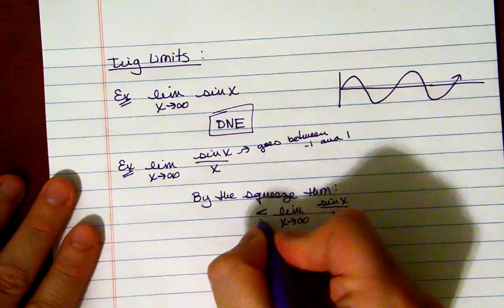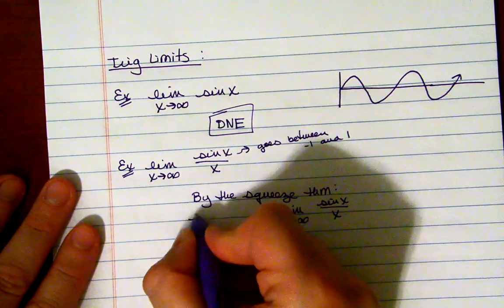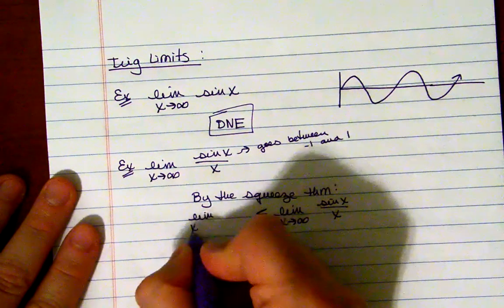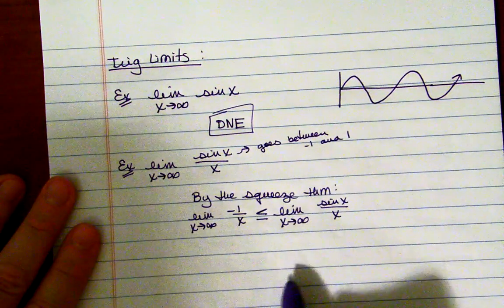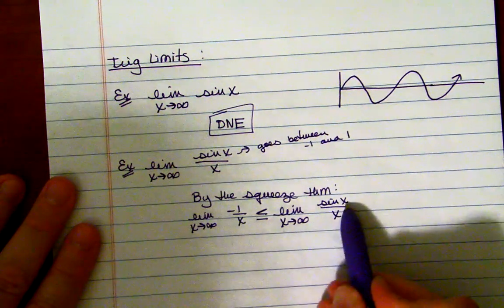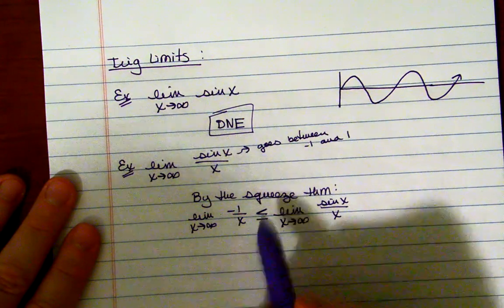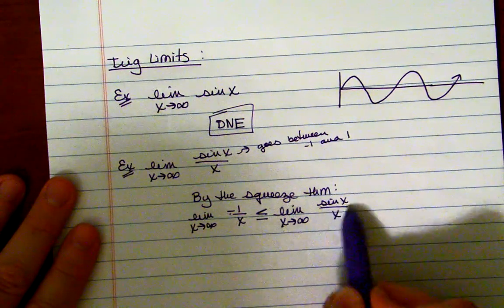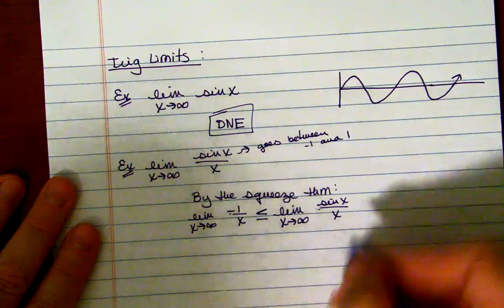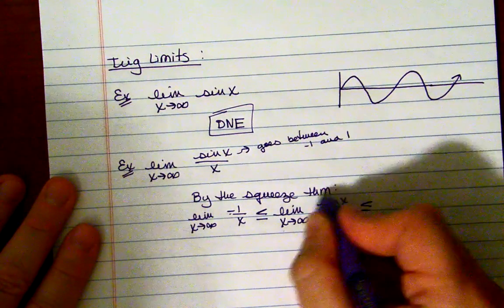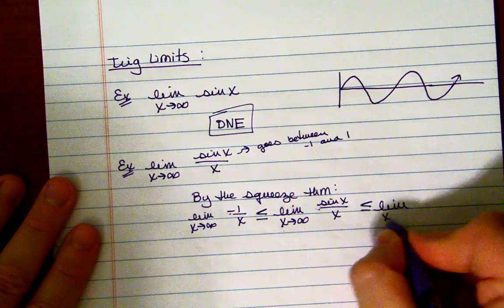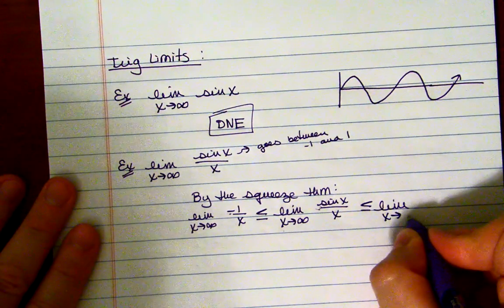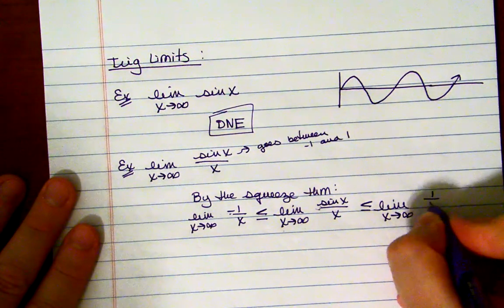So I'm going to say that the limit as x approaches infinity of -1 over x is less than or equal to the limit as x approaches infinity of the sine of x over x, because -1 has to be less than or equal to all other values of sine x. And that numerator, sine x, can't be any bigger than 1. So I can say that thing is less than or equal to the limit as x approaches infinity of 1 over x.